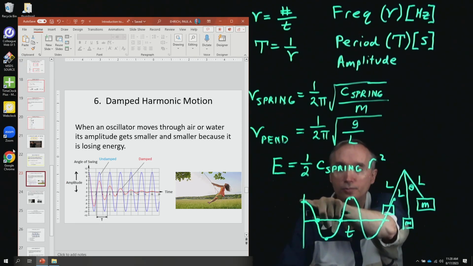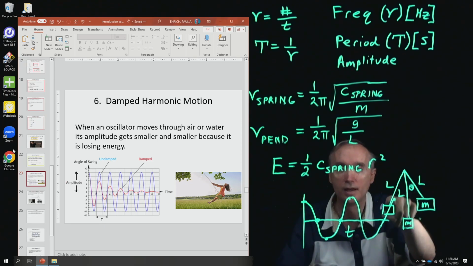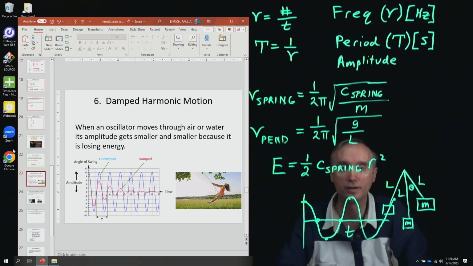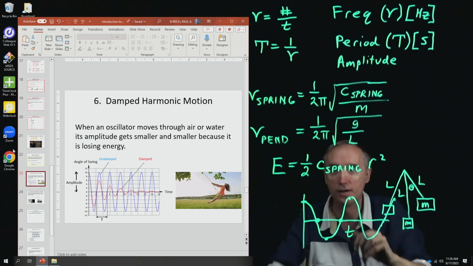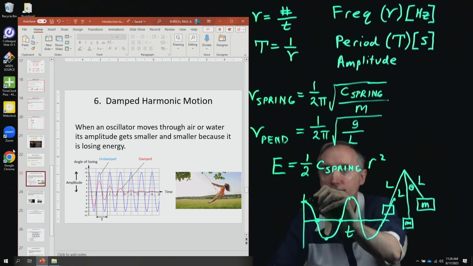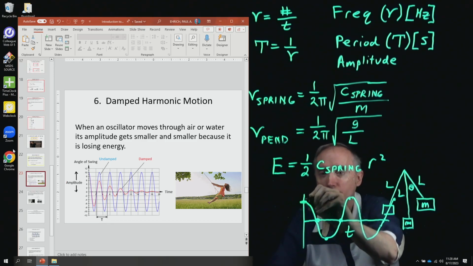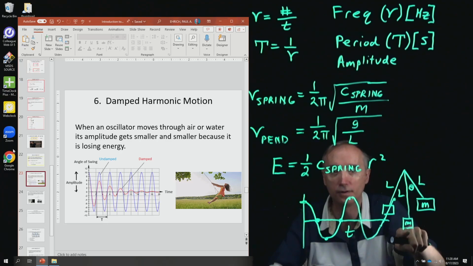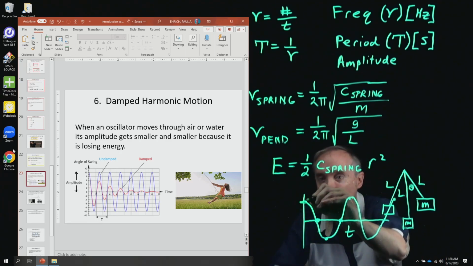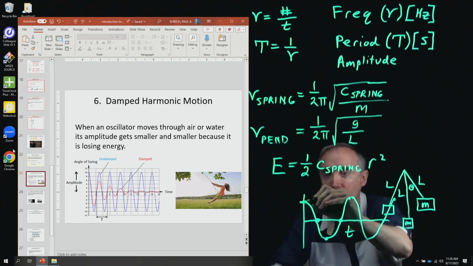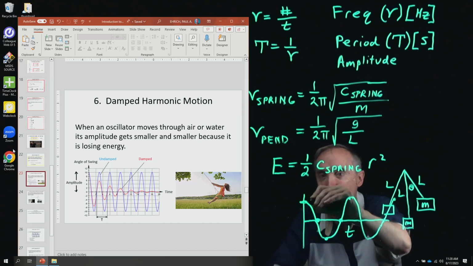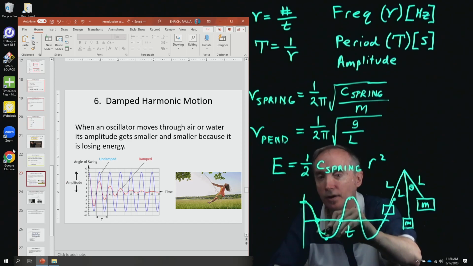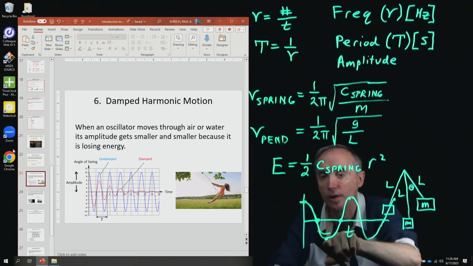The blue is going to be this one, but then superimposed on it is a red color. Notice it starts out exactly the same place here, and it still goes through the midpoint. But what we're going to find is that the amplitude, each time that it does it, is going to be smaller. When it gets down to here, instead of going all the way down to here, it goes to there.